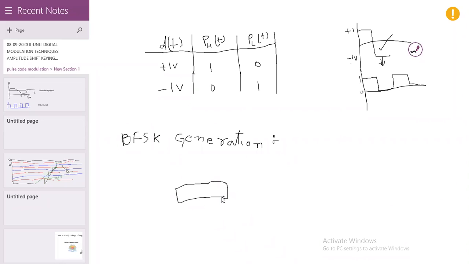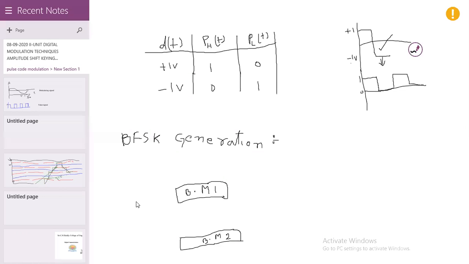Balanced modulator 1, it has two inputs, and this is another balanced modulator 2.